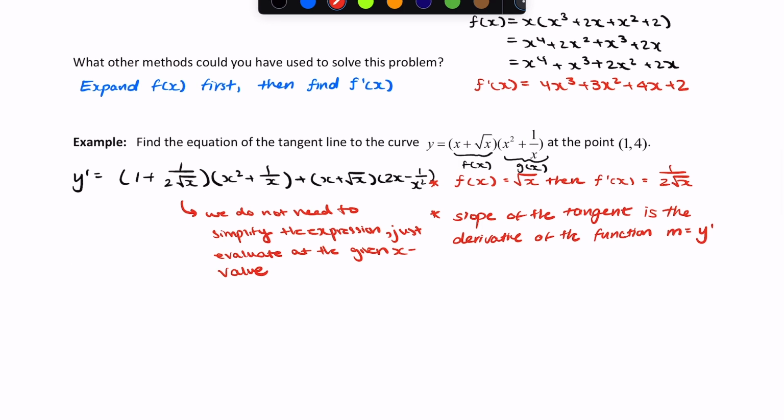Okay, so here we see that it's at the point x is equal to 1. So f prime at x equals 1 will be equal to 1 plus 1 over 2 square root 1, times 1 squared plus 1 over 1, plus 1 plus the square root of 1 times 2 times 1 minus 1 over 1 squared.